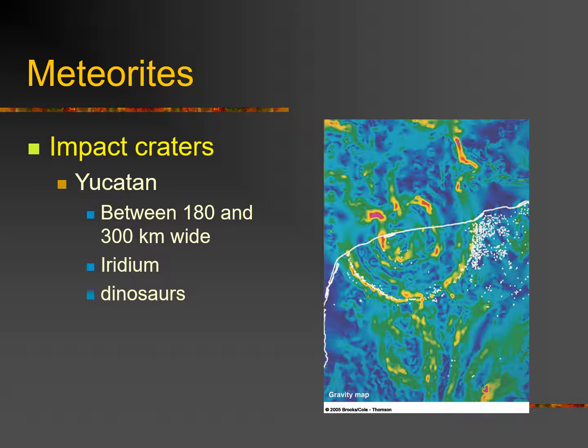This crater is large, and it's believed to be about 100 to 300 kilometers wide. It is also believed to be the impact that killed the dinosaurs or caused the dinosaurs to go extinct. There's evidence in this crater of iridium. Iridium can cause the winters to last for many years.